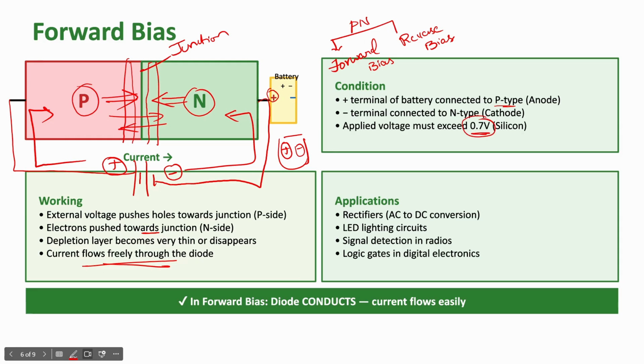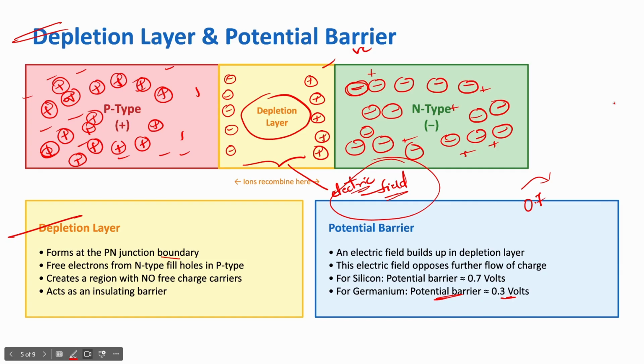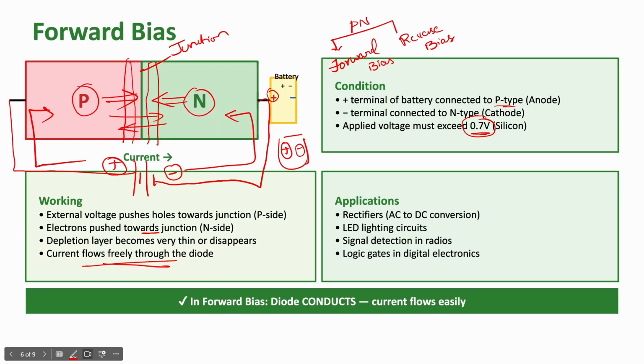Why? We already discussed that the potential barrier voltage of silicon is 0.7 volts, which means when you apply more than 0.7 volts, only then is the diode going to conduct. Exceed means higher than 0.7 volts.